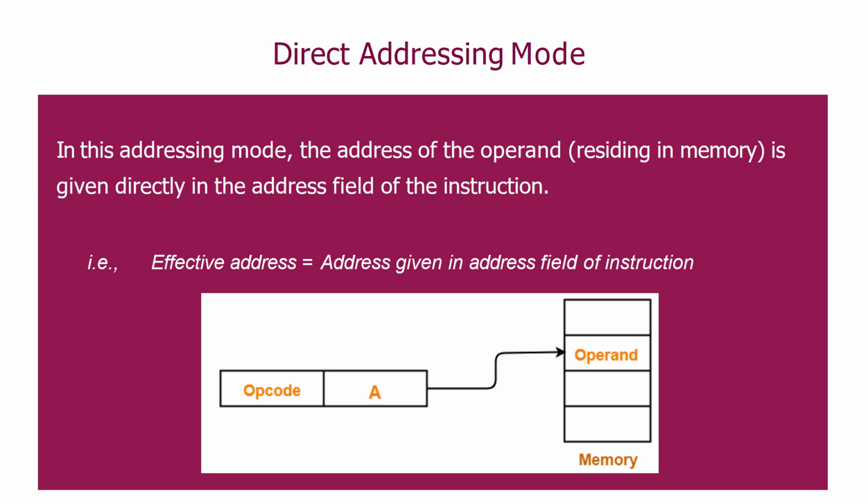The direct addressing mode. In this addressing mode, the address of the operand is given directly in the address field of the instruction. So the operand field is having the address of the actual operand we need. So if there is A, this A has the effective value of the operand which we want to use in the program.